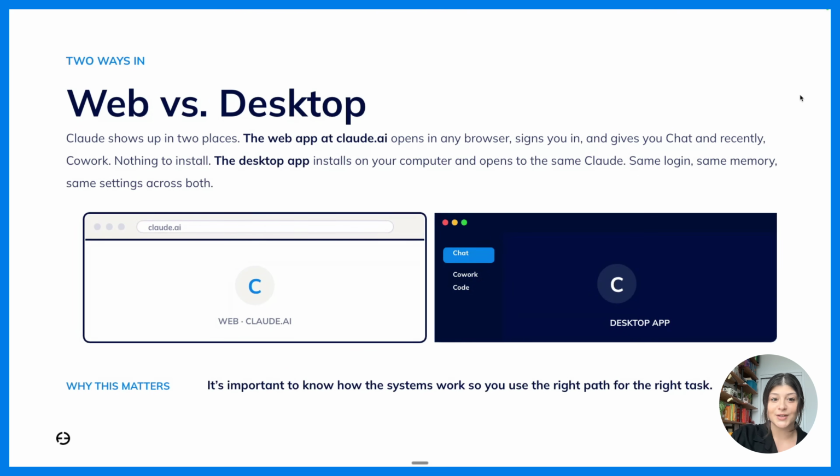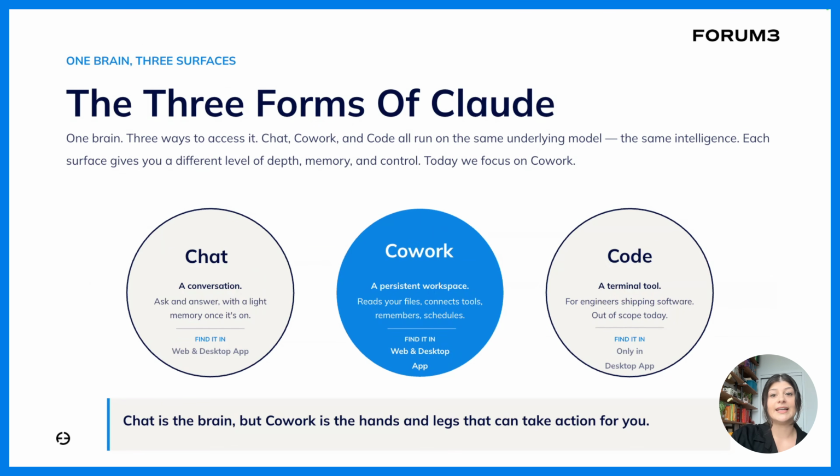Now let's get into what you can actually do on each of those access paths. So whether you are on the web or you are on your desktop app, you will get access to chat and to Cowork. I like to think of chat as the brain.